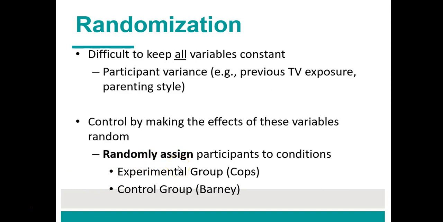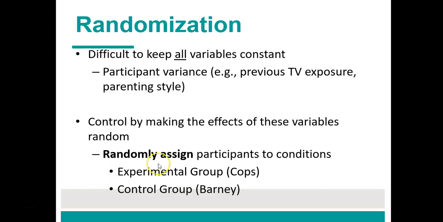Please note that even though we have randomly assigned to groups, we can't guarantee that the groups are equal on things like IQ and parenting style and TV experience. The best we can do is to randomly assign and kind of hope that this randomization equals out the groups on all of these different variables, but it's not a guarantee.